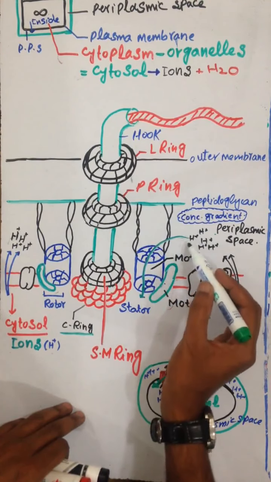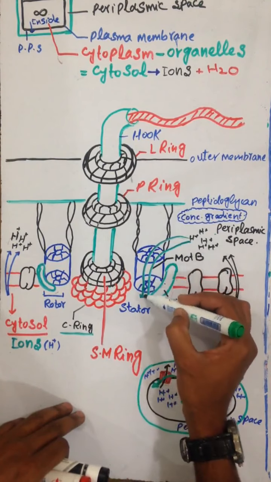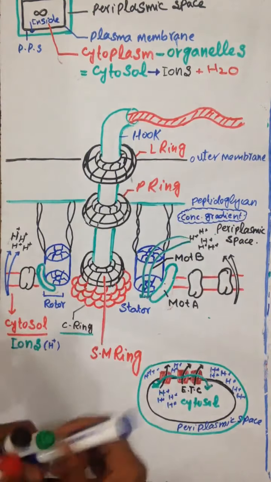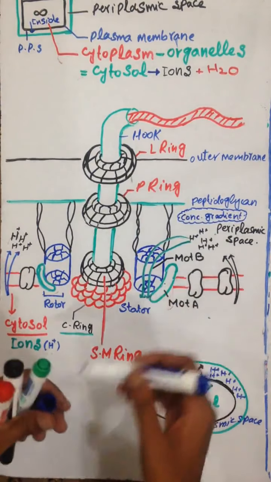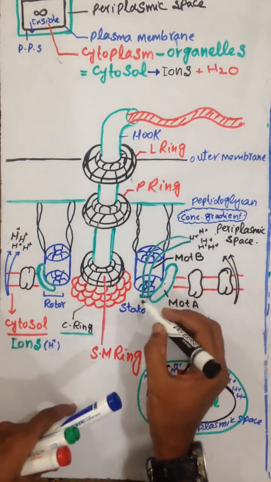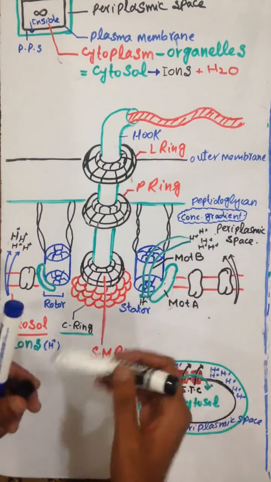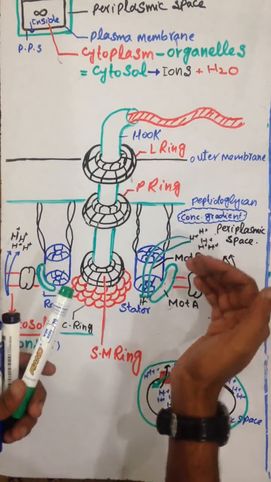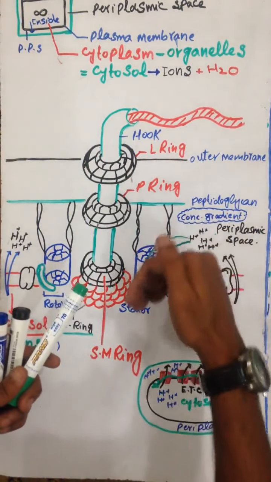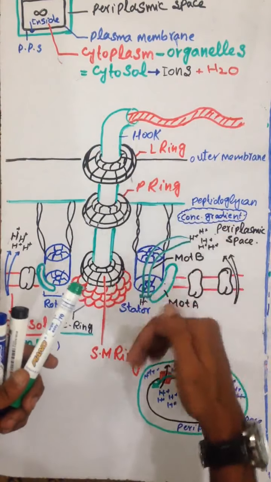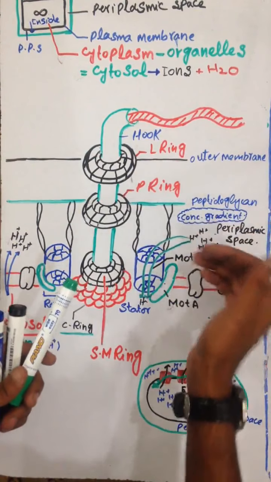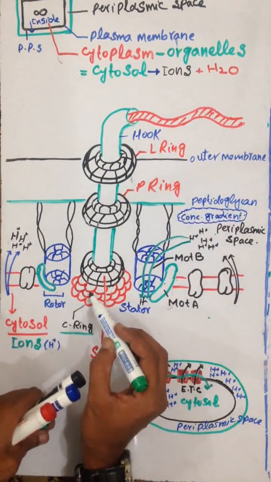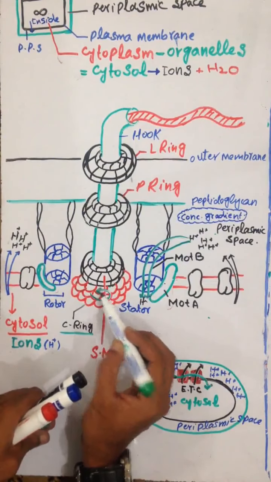Now these channels will open and the hydrogen ions will move through these channels. Similarly, from this side, the movement of hydrogen ions through these channels will rotate. This is diffusive movement. They will diffuse inside due to the concentration gradient, and their movement will rotate this structure.